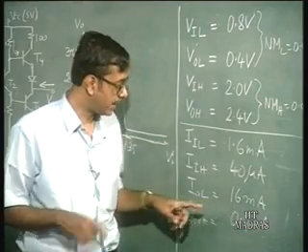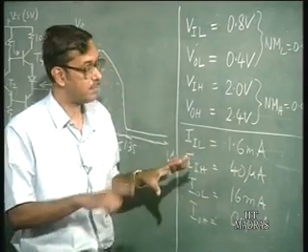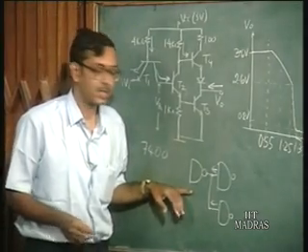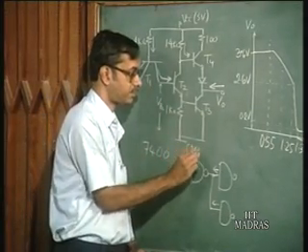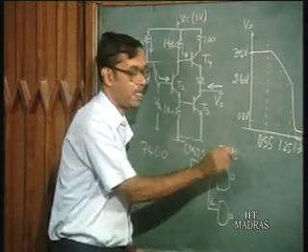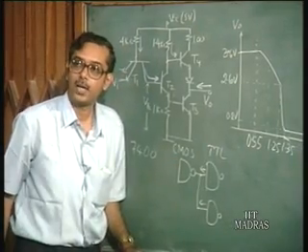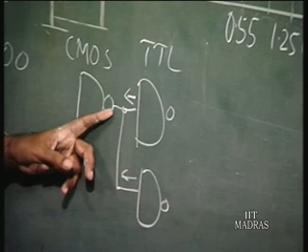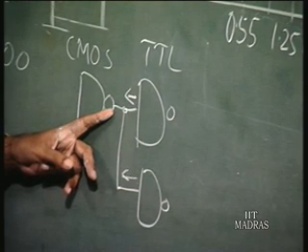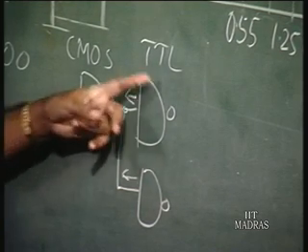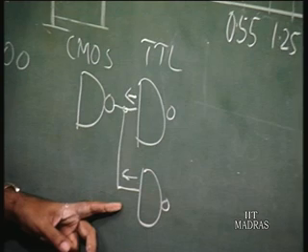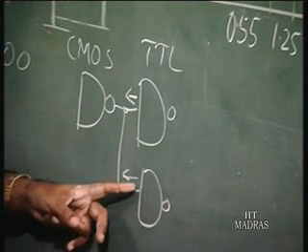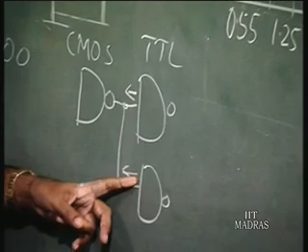Say you are connecting NAND gates like this, suppose this is CMOS and this is TTL. You must see the output specifications of the CMOS gate and the input specifications of the TTL gate, and see how many you can drive.